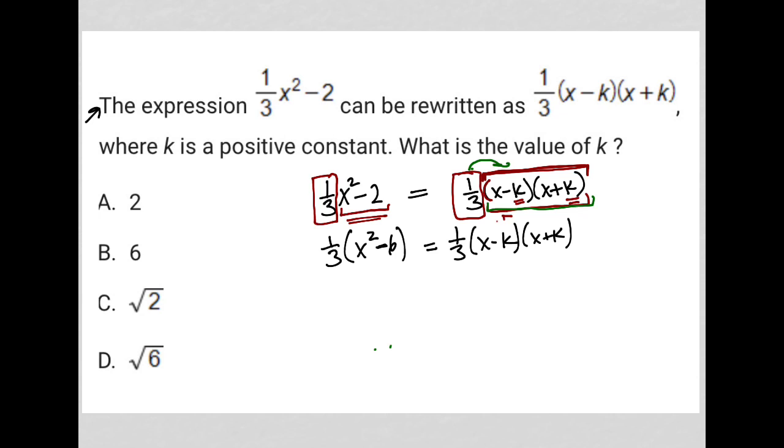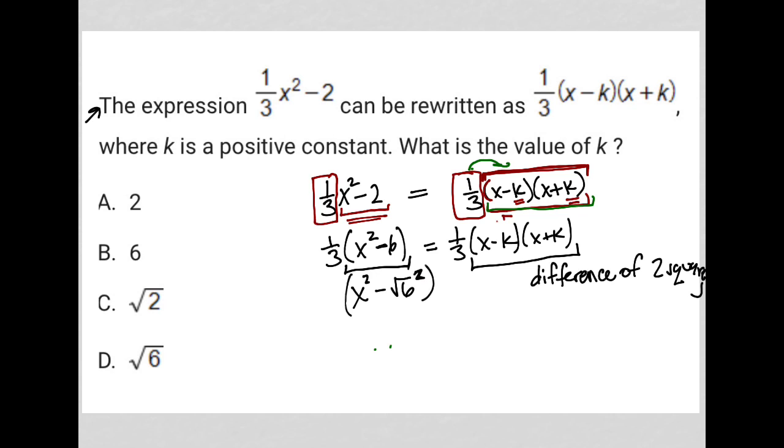The format of this proves to me that I'm dealing with a difference of two squares, which means the other side also needs to be a difference of two squares. So when I expand this, it's going to be x squared minus square root 6 squared, so that it can break down into x minus root 6 times x plus square root 6.